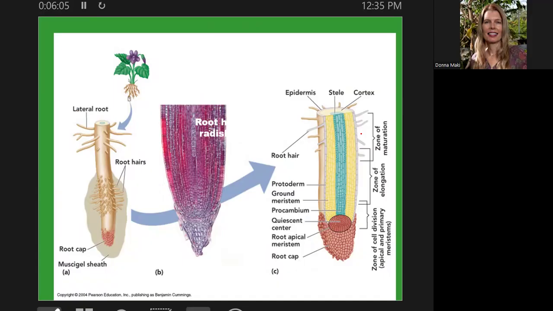So you'll be looking at root hairs this week in lab. Here, some of this terminology, don't worry about it. This is the elongation area where they know which cells will develop into which tissue type. And so they've given them those names.